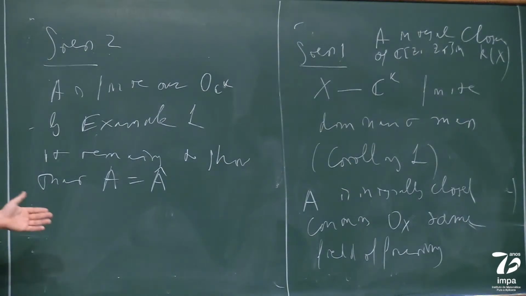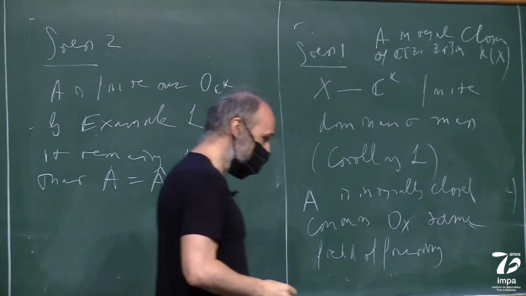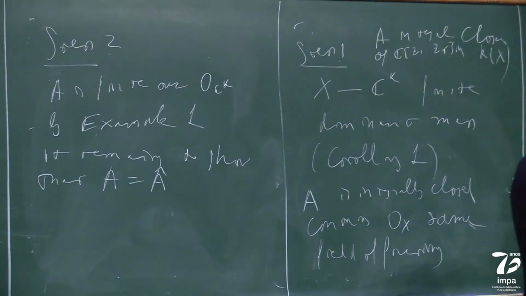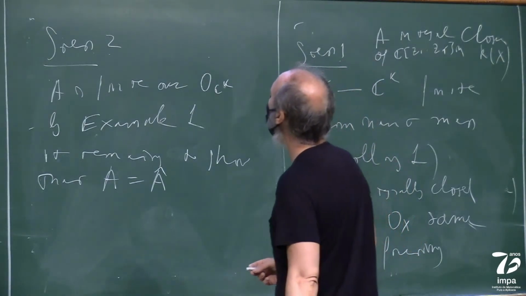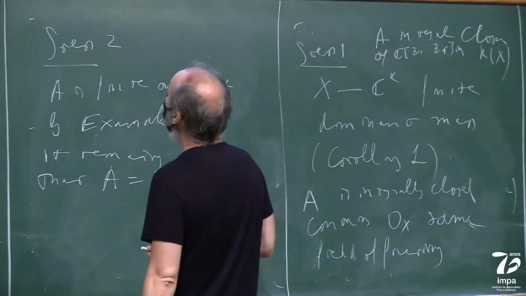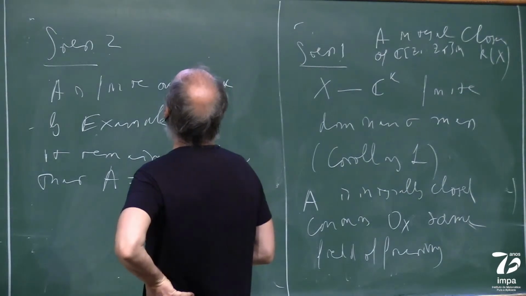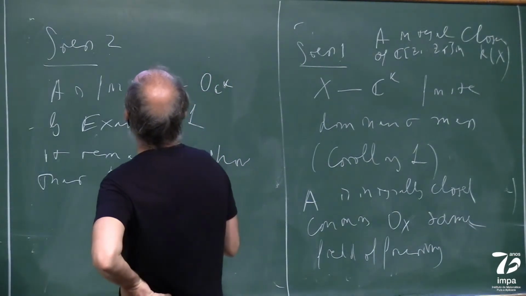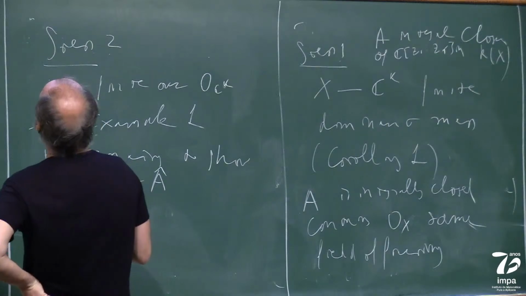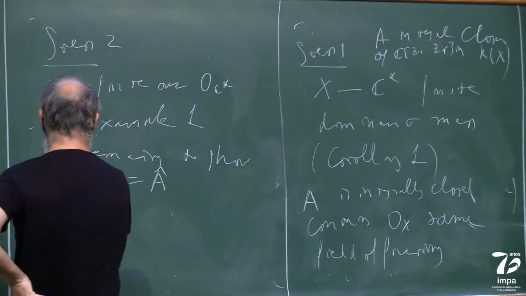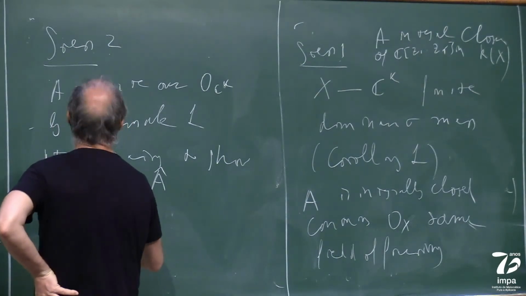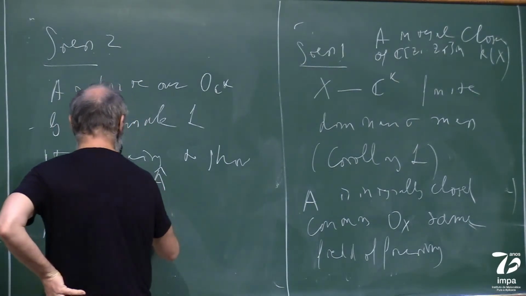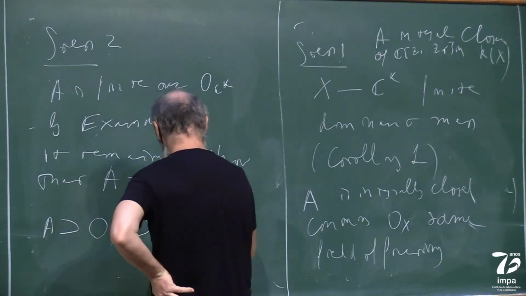If we prove that, we obtain that A hat is finitely generated as an O of C^k module. Okay, you have this A sitting inside, or O_X sitting, and it contains the polynomials.